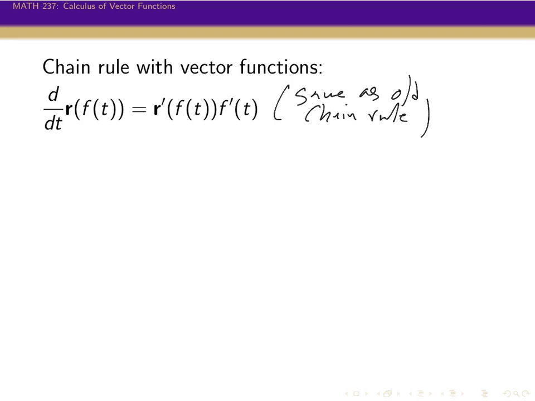So looking at this, how do we interpret this, say geometrically, knowing that r of f of t is still drawing the same basic curve? Well, on the other hand, we get r prime of t with f of t plugged in. And so this is giving a tangent vector, but then we're multiplying by the derivative of f, right? But it's a scalar, and so this doesn't affect direction.